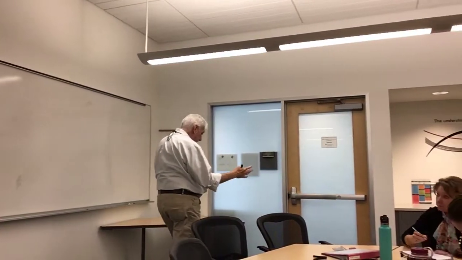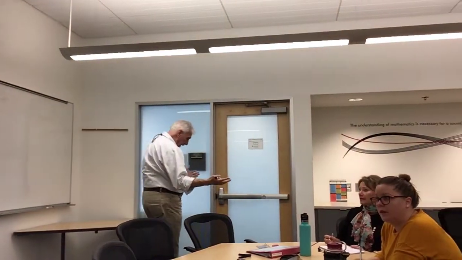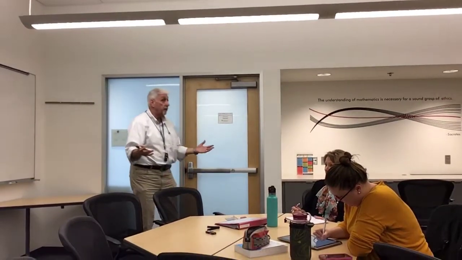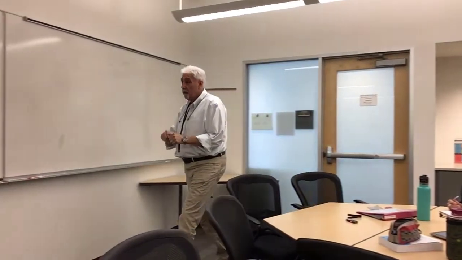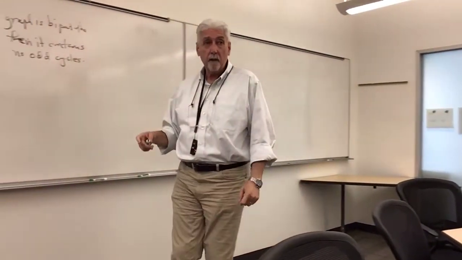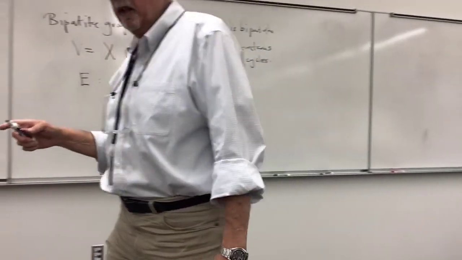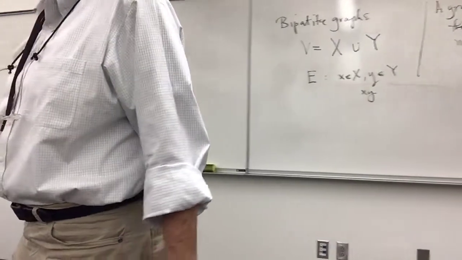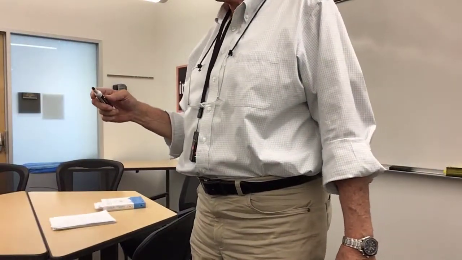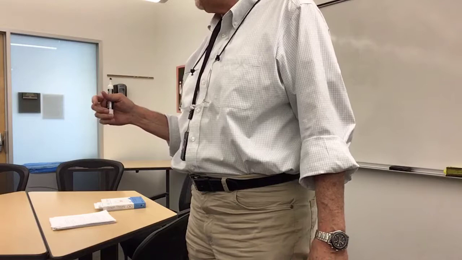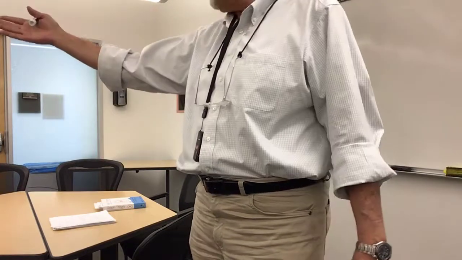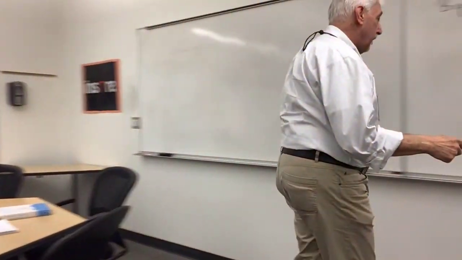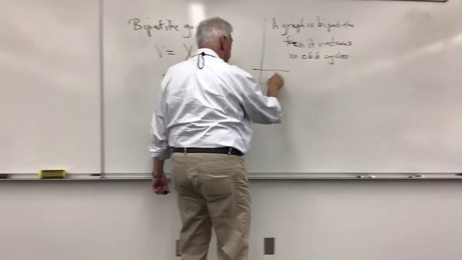Well, if it contains no odd cycles, then what are the only cycles that it contains? Even cycles. Okay? What if it contains no even cycles? Then it contains no cycles. Okay, so that's what's next.